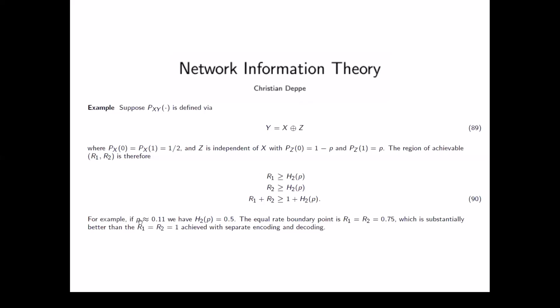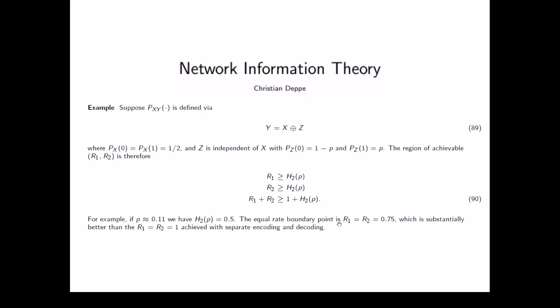Let's look, for example, if p is equal to 0.11. Then if you put this in the binary entropy, then you get 0.5. That means here we have R1 plus R2 greater or equal than 1.5, and R1 greater or equal 0.5, and R2 greater or equal 0.5.